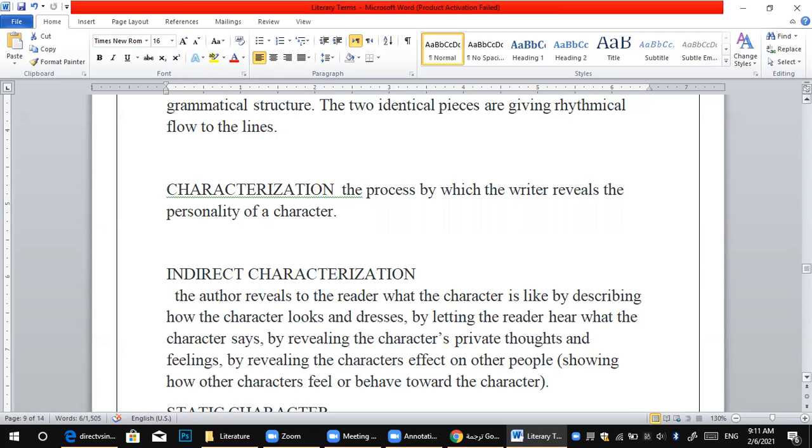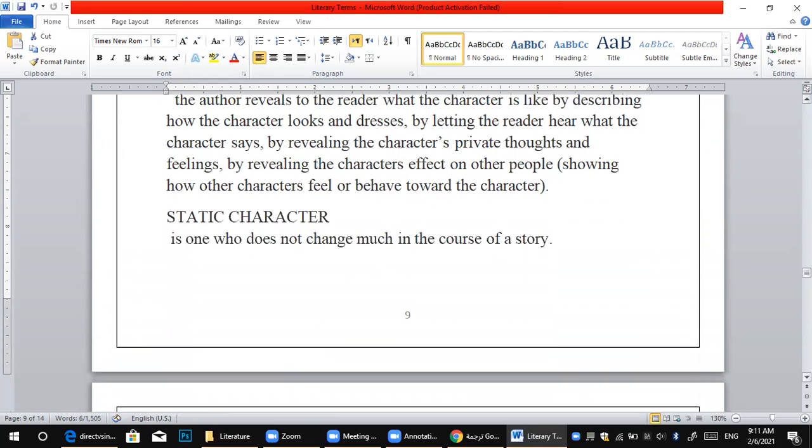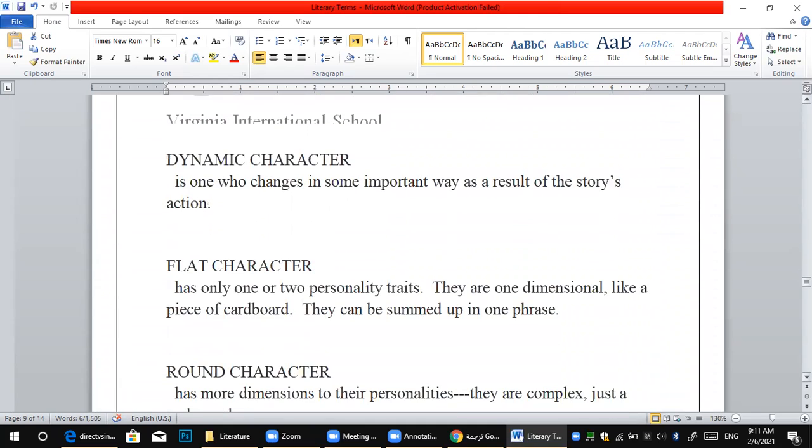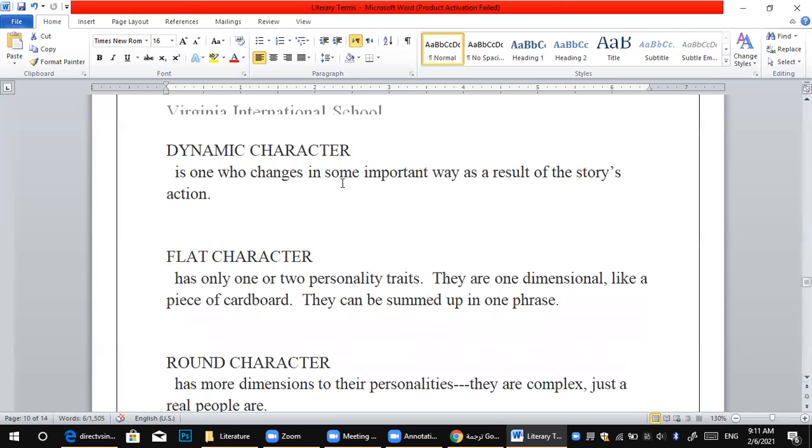After that we have the static character. What does static mean? A character that doesn't change. After that we have the dynamic character. What does dynamic mean? This is the person who changes in some important way, like Lady Macbeth.